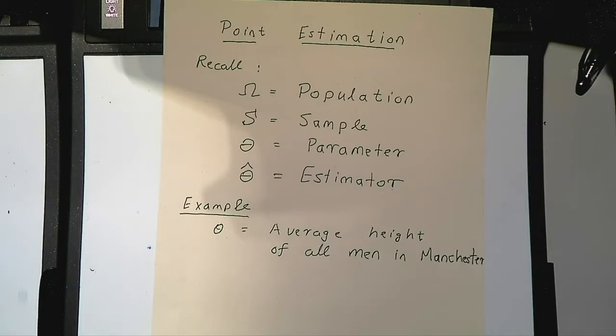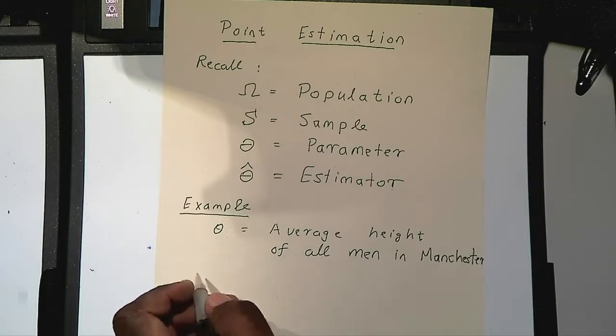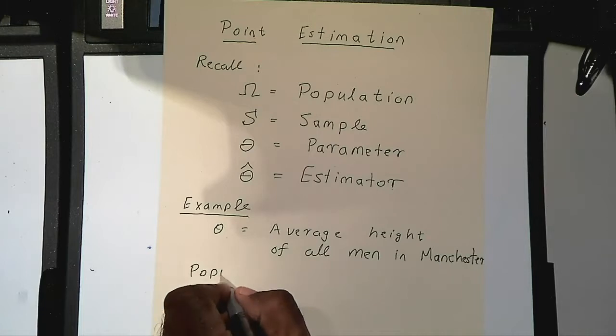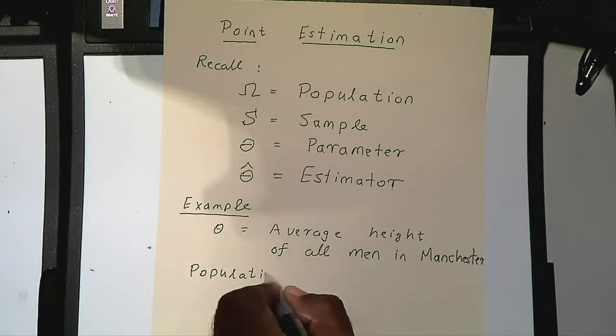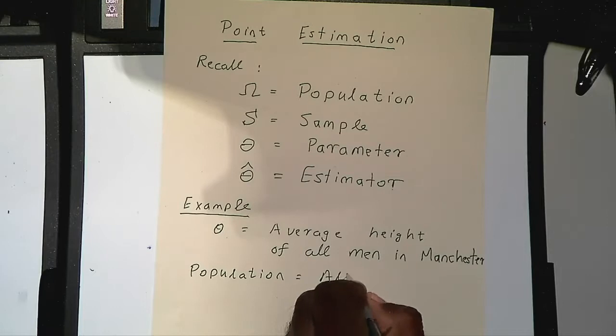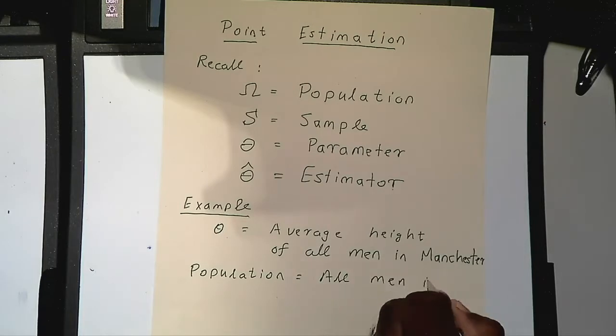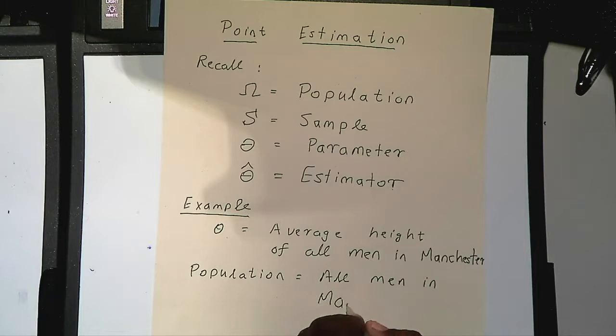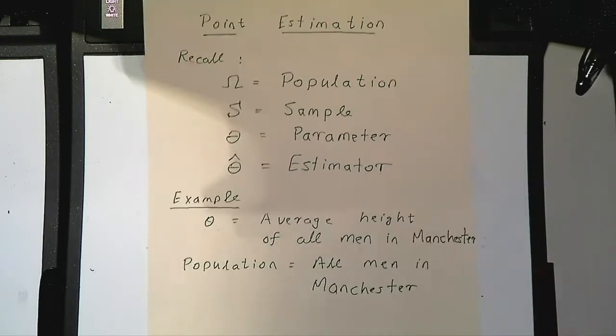And obviously, in this case, the population is all men in Manchester. This is the population. So it's really huge, right? So it's almost impossible to access all men living in Manchester. So what you do is you take a sample, right? So you take a sample.